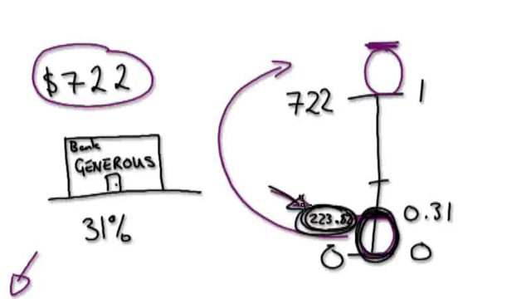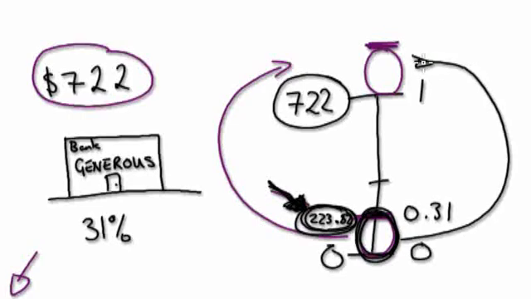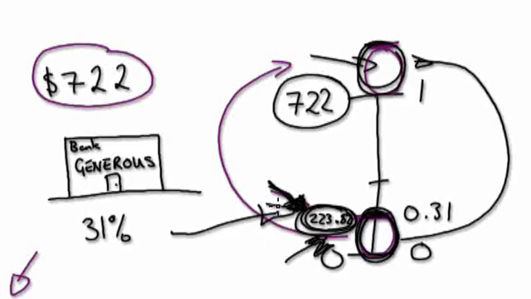So this is how much the bank is giving you in interest for basically doing nothing at the end of the year. So when you put this amount in there, you will get an extra 223 point something dollars for doing nothing. Okay, that's how much interest you earn. This bit here.